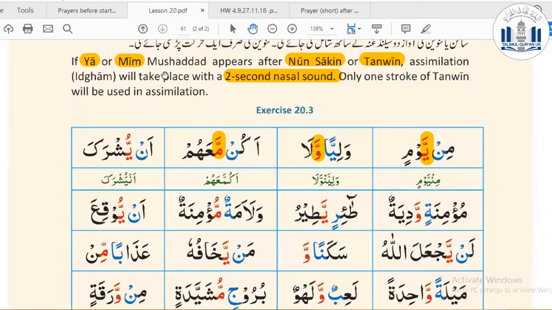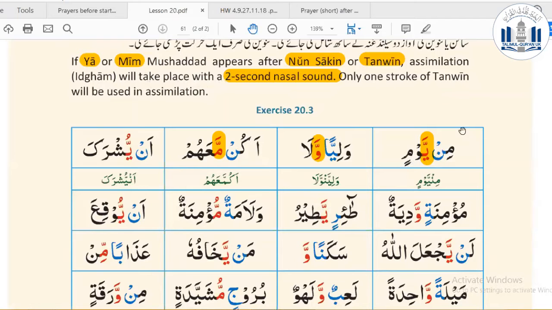So the rule says that if Ya mushaddad appears after Noon sakin, idgham will take place with a 2-second nasal sound. So that means that whilst I'm joining the Mim, the Noon and the Ya, a 2-second nasal sound is produced in the middle whilst I join Mim and Ya together.